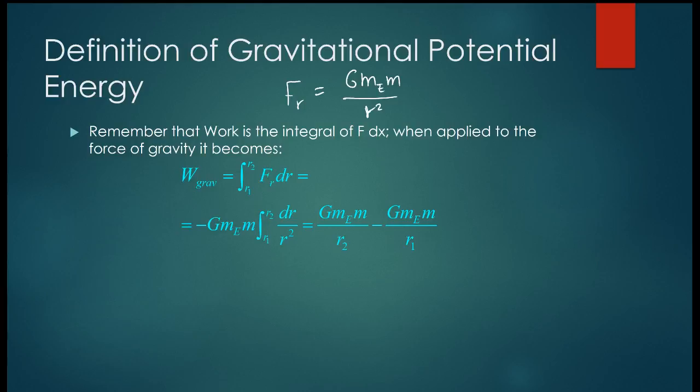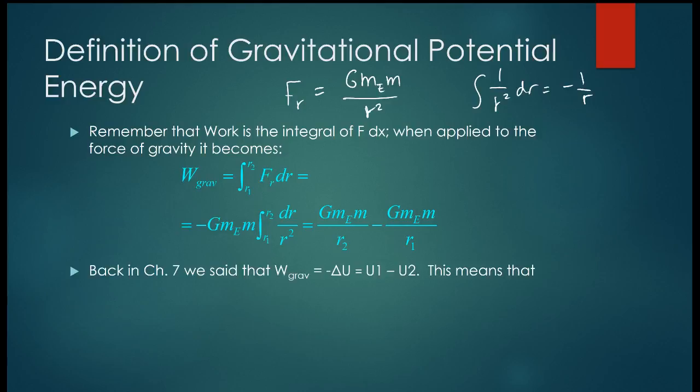Okay, so we have this negative GMm over r squared, and then we integrate that from r1 to r2. Okay, so we're going to get a negative sign out of it when we integrate, because the integral of 1 over r squared dr is negative 1 over r. Okay, and then we can see here that we have GMm over r2 minus GMm over r1.